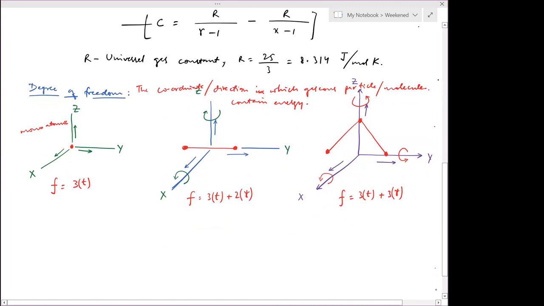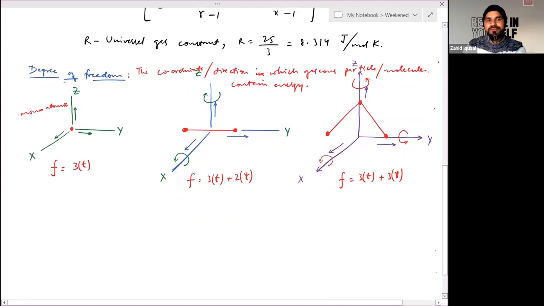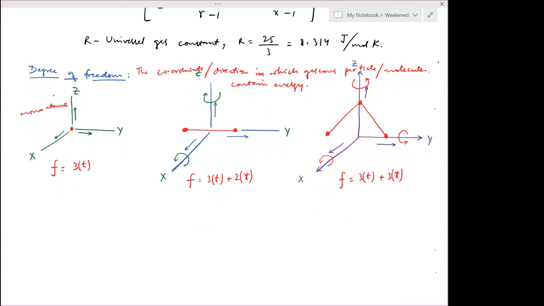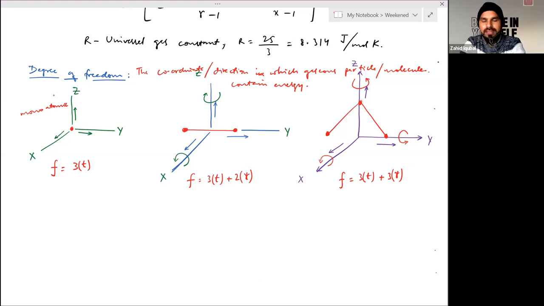Okay, now the question will be, will this degree of freedom depend upon temperature? Mamuna, any guess? I think in some cases. Okay.